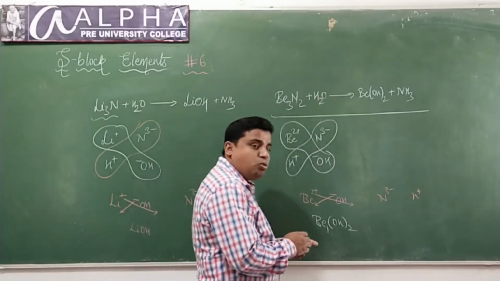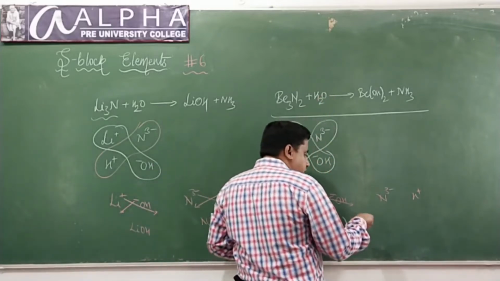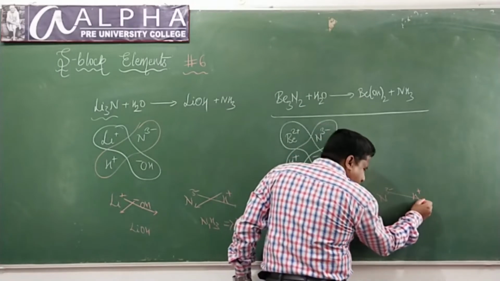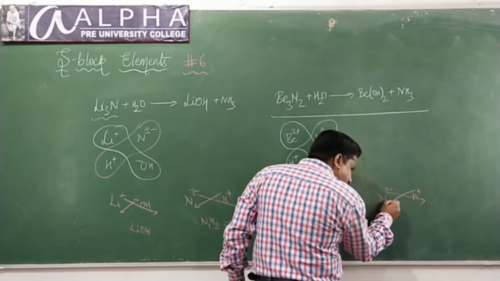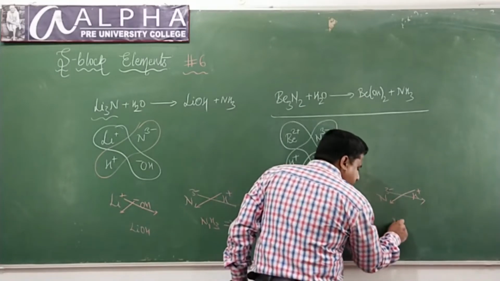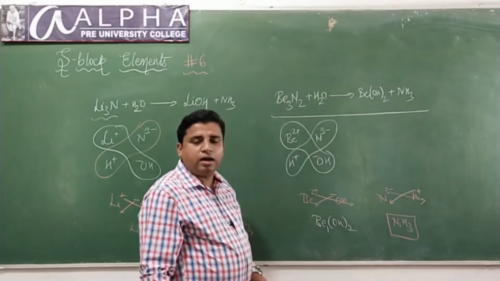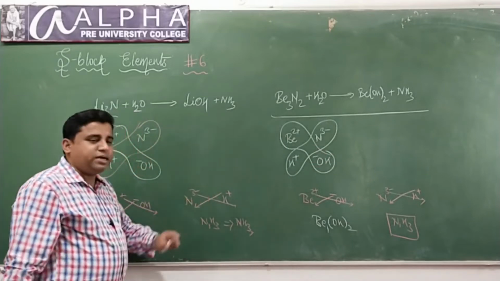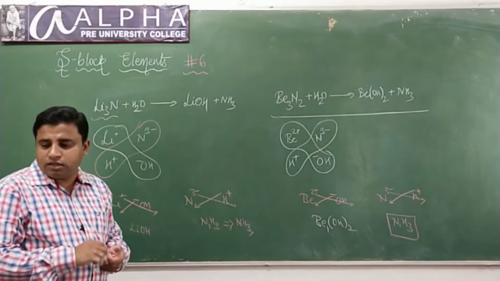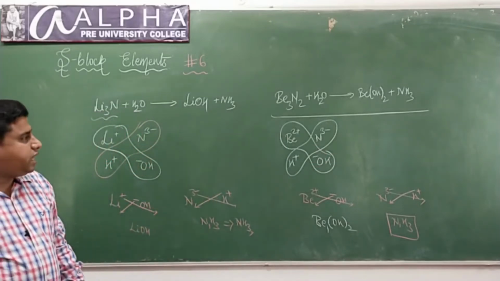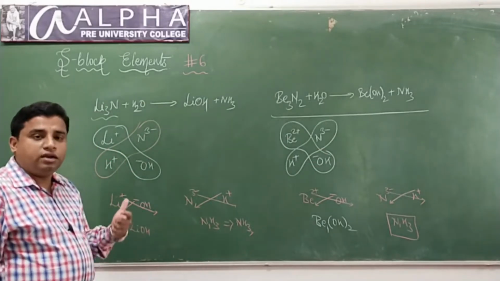Next, how about ammonia? 3 is multiplied here and 1 is multiplied here. As usual, we will get N1H3, that is nothing but NH3. We got ammonia. So please remember this way, don't learn the reaction by heart. Clear? So that is about the reaction with nitrogen.